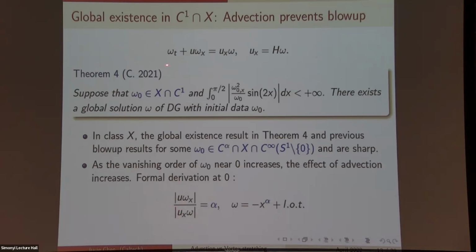The ratio between the advection and the vortex stretching is given by alpha, where alpha is the vanishing order of the vorticity near zero. If alpha is less than 1, then the advection is weaker than the vortex stretching, and blowup can occur. If alpha is bigger than 1, then the advection is slightly bigger than the vortex stretching, so we show that the solution exists globally. But this is only a formal derivation, and these two results justify this heuristic.